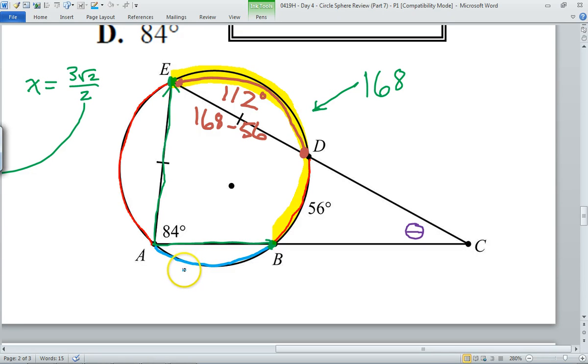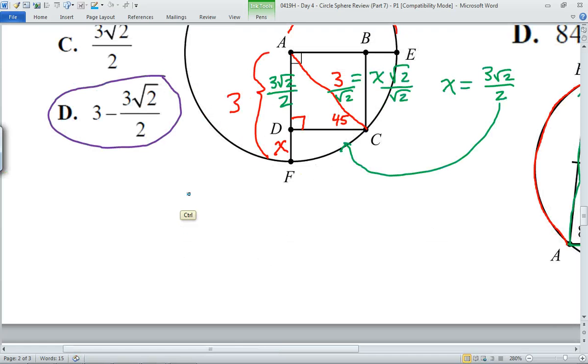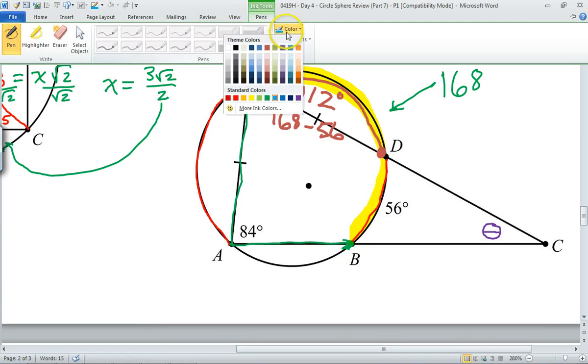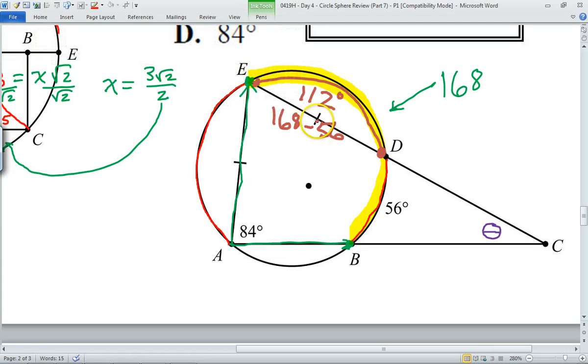Oh, okay. Oh, you know what? I don't need the blue one. I'm sorry. Delete. I don't need the blue one, because of symmetry. I almost forgot. See these marks?